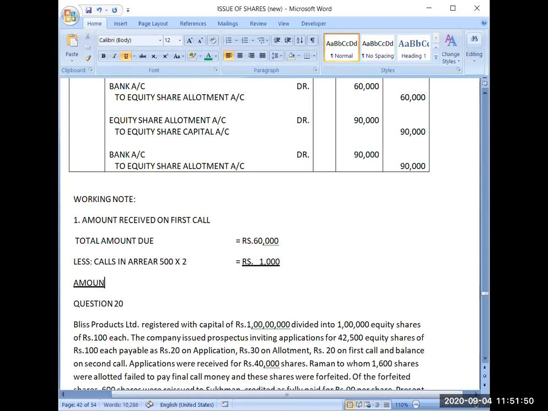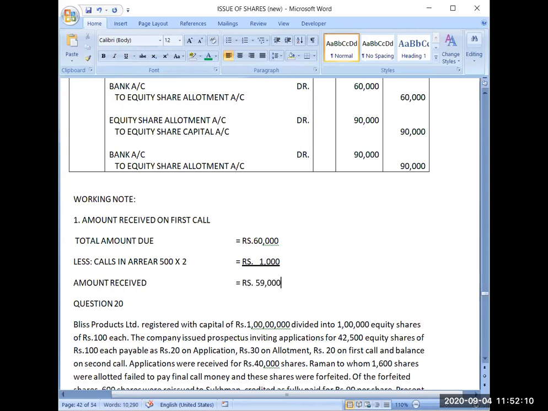So amount received is equal to rupees 59,000.